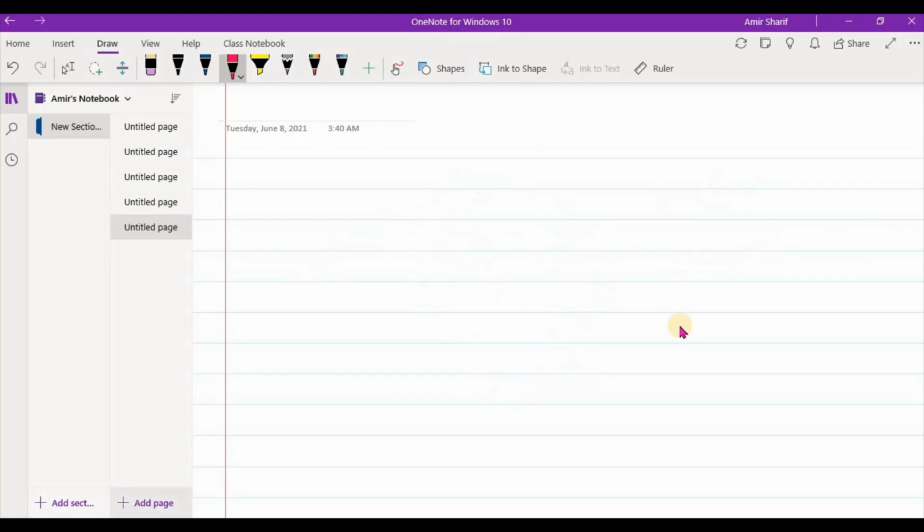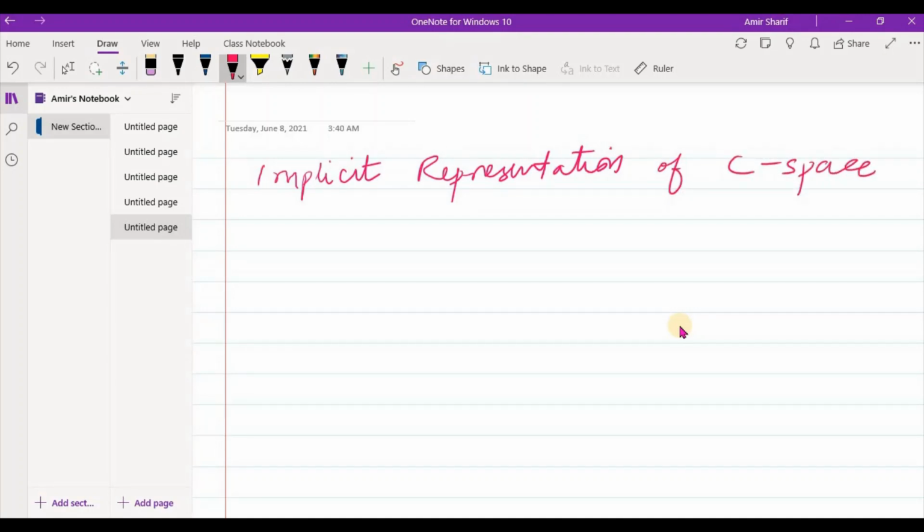And in implicit representation of C-space, we use more coordinates to represent a sphere.